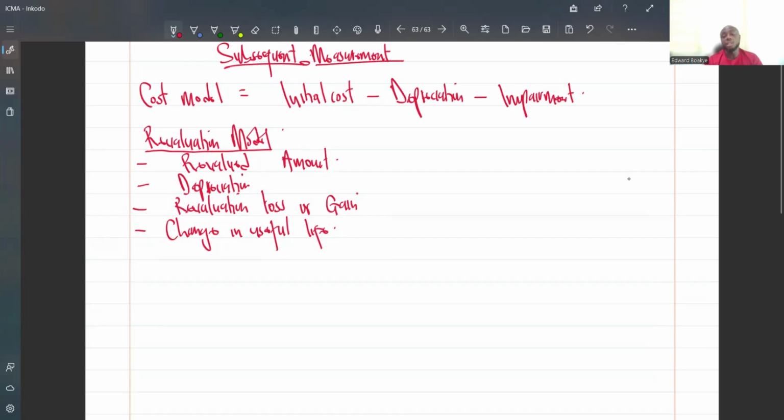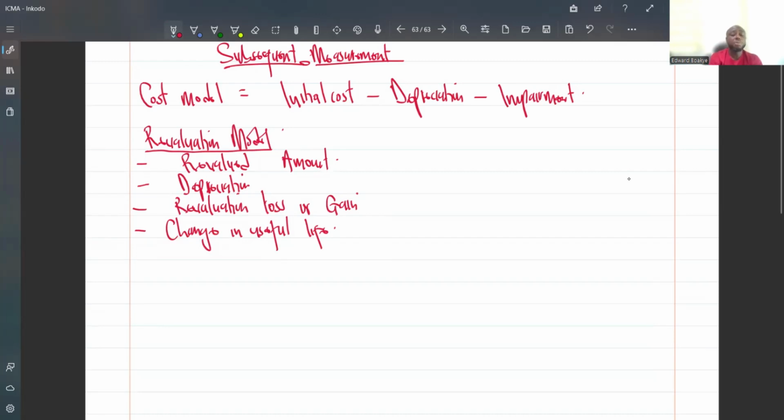So the valuer said the useful life should now be 12 years. So it means there has been an increase in the useful life. So there may be a change, either reduce the useful life or increase what? The useful life. So these are some of the issues we are going to talk about under the revaluation model.